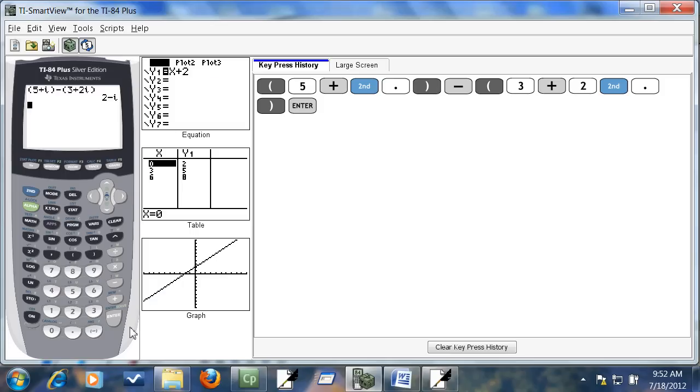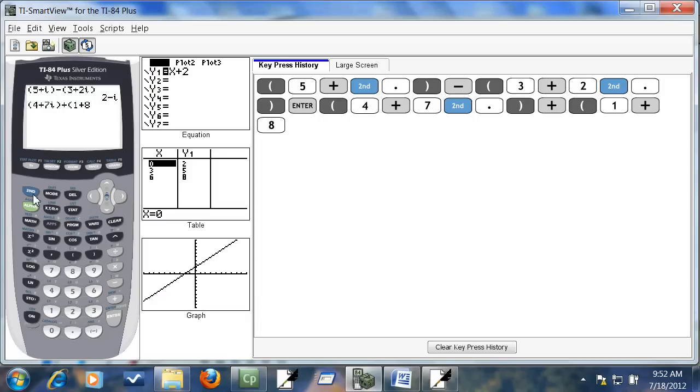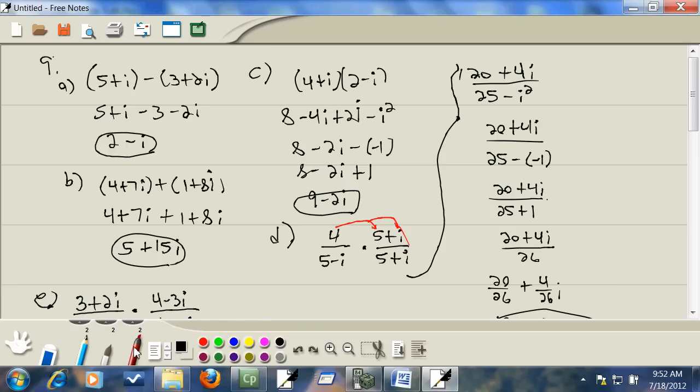And we get 2 minus i. Now our second one, we got beginning parentheses, 4 plus 7i, so 7 second decimal. Close parentheses, plus beginning parentheses, 1 plus 8i. So 1 plus 8 second decimal. Close parentheses, enter. Get 5 plus 15i.